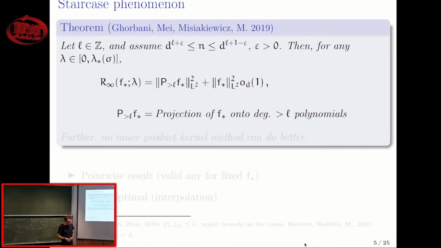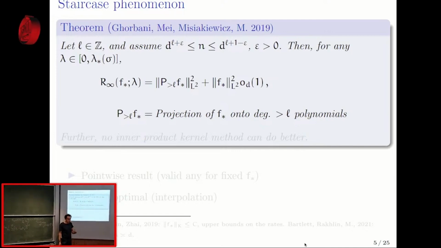Here, the theorem that we have is the following. The simplest picture you get is when the sample size is polynomial in the dimension and it's not an integer power. Then the following happens: the prediction risk of this method is equal to the norm of the projection of the target function onto polynomials of degree L+1 or larger.